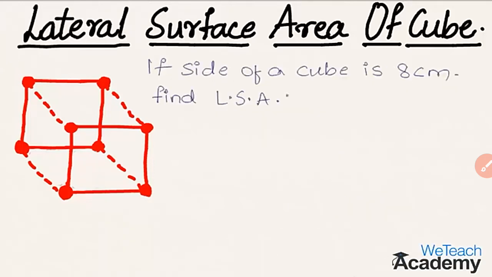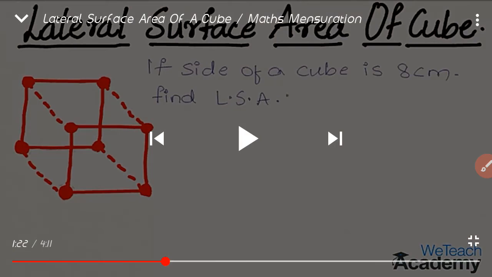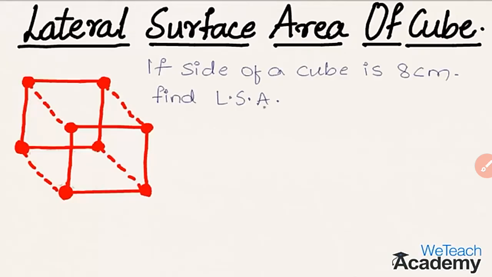Hello children. Now let us see a few more examples of lateral surface area of a cube. We know that lateral surface area of a cube is equal to 4A square, as lateral faces are the 4 faces excluding the top and bottom face. So if the side of a cube is equal to 8 centimeters, then find its LSA.